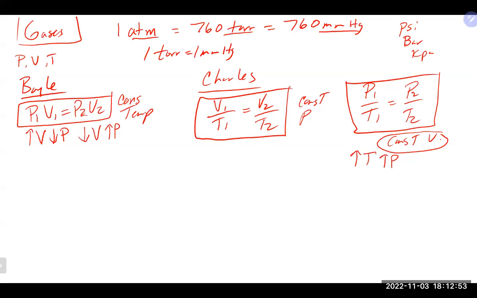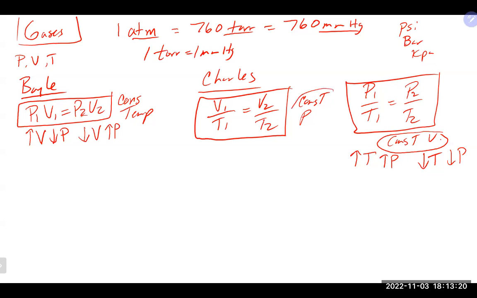Obviously, vice versa, if we lower the temperature, our gas molecules will be flying around a lot slower. They will still be in that fixed volume of space, which means the number of collisions will come down, and we will see the pressure come down in that case. So the relationship we see there is basically as one goes up, the other goes up, and as one goes down, the other goes down.